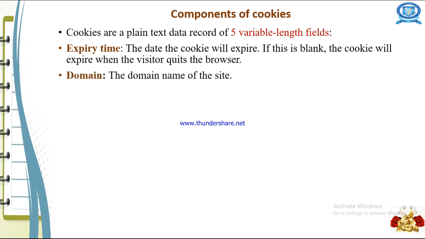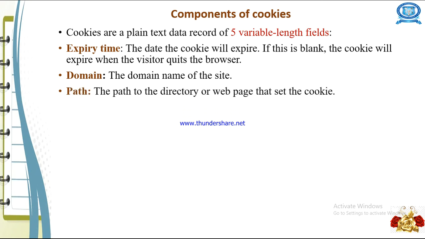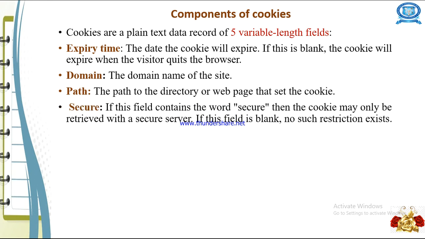Next is the domain name of the site. The domain specifies the domain name of the site. Then the path, the path to the directory or web page that set the cookies. Then secure. If this field contains the value secure, then the cookies may only be retrieved with a secure server.